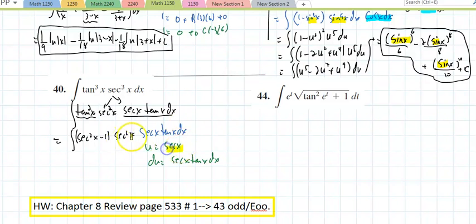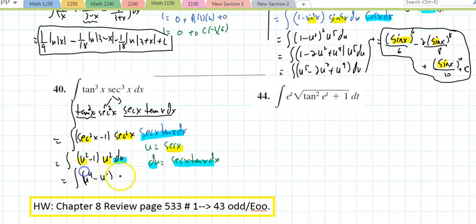And notice it's right there. That becomes the integral of u squared minus 1 times u squared, and this in turn becomes du. And we know this is the integral of u to the fourth minus u squared du. I'm going to finish that off right there. And that's going to be u to the 5 over 5.